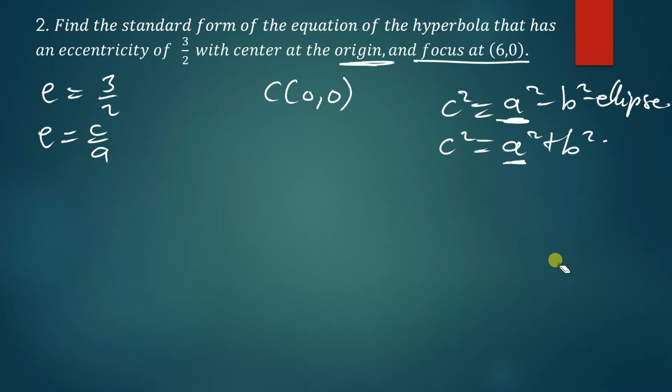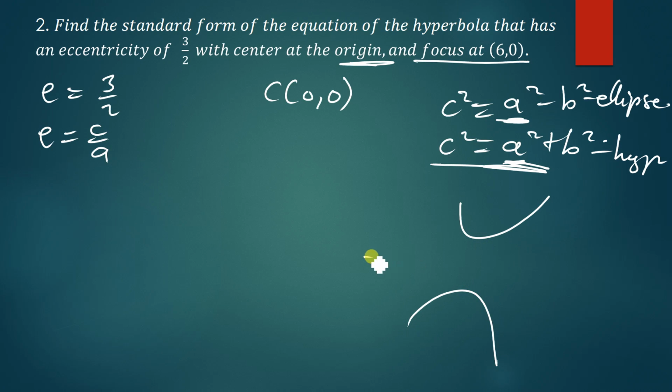And then for the hyperbola, the value of a is also the same. They are saying the center is the origin. So the distance from the center up to the vertex there is the one that we call a. It's the one that is denoted by a.